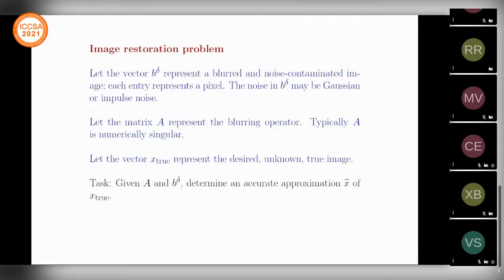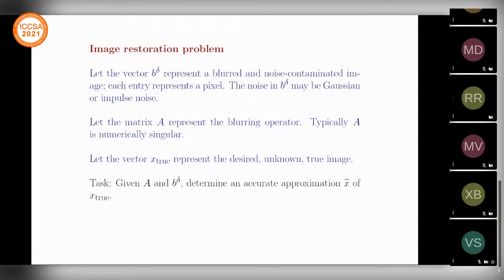So the starting point is that the vector B delta represents the image which is contaminated by blur and noise. The noise could be salt and pepper noise, it could be Gaussian noise, and it could be more general impulse noise. A is a matrix which represents the blur, and it's typically singular.